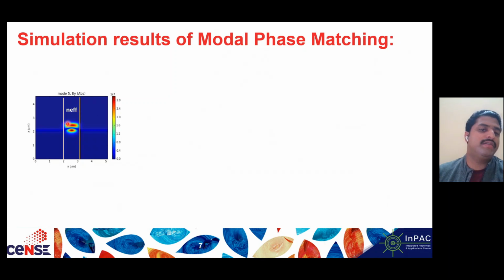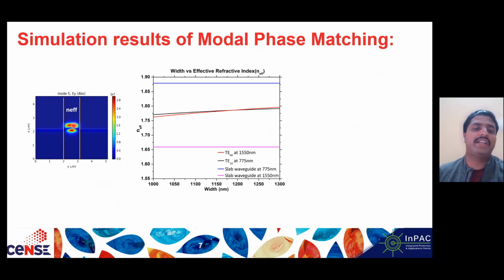If you take this higher order mode, you can see that its effective index is really low compared to the effective index of the fundamental mode in the cladding region. You can see that from this plot, which means that if the effective index of the core mode is less than the effective index of the fundamental mode in the cladding, the mode tends to leak through the cladding region.